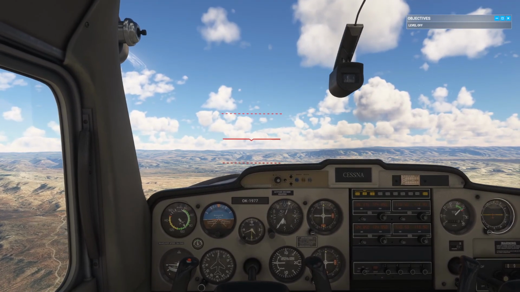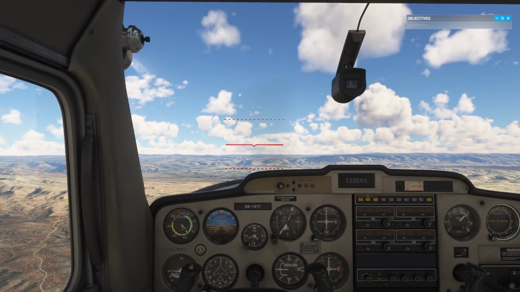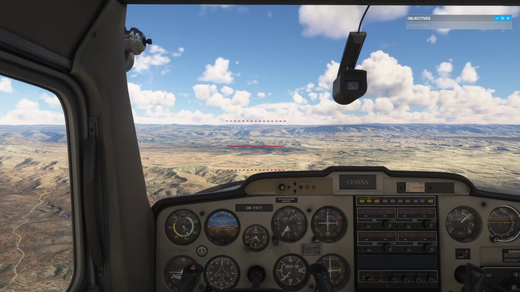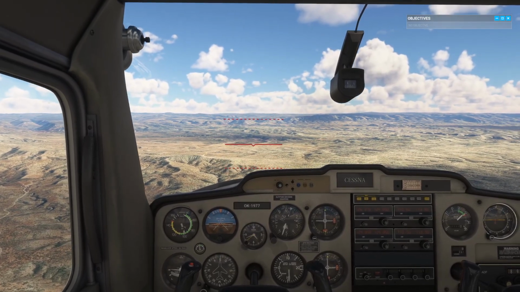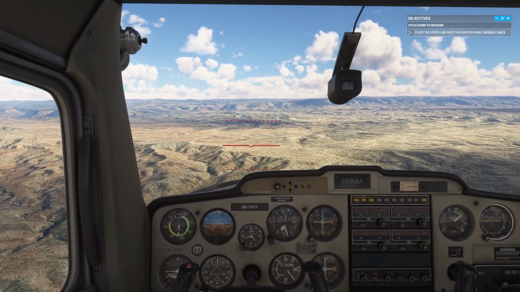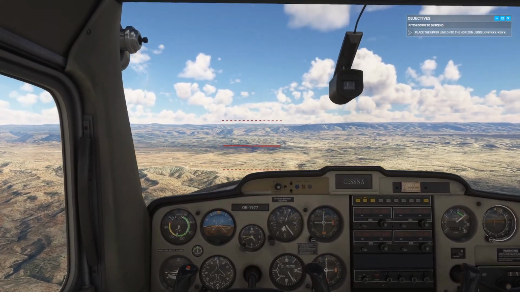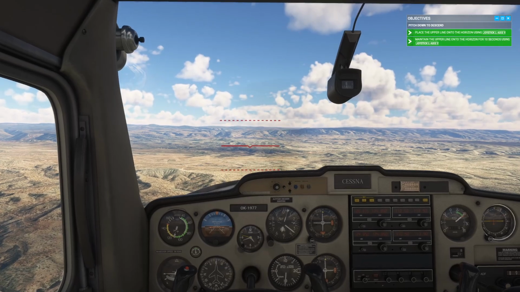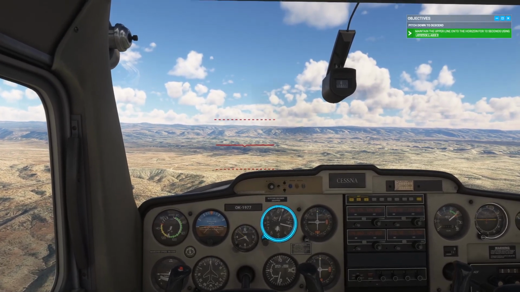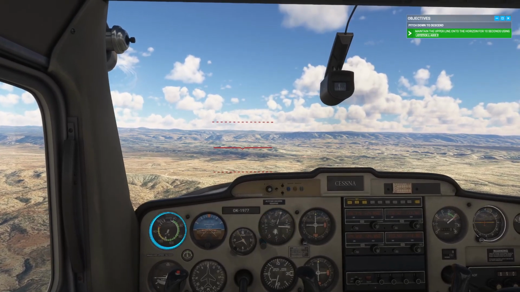Push gently on the yoke until the descent attitude line matches the horizon. Then maintain that attitude. As expected, with a nose-down attitude, our altitude is decreasing, while our speed is picking up.